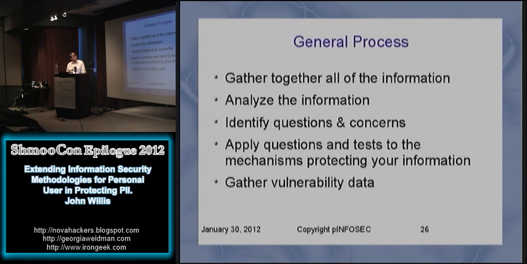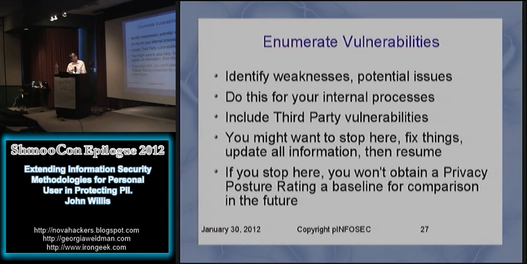So the basic process is: gather all the information, analyze it, identify questions and concerns you have, apply questions and tests to the things, mechanisms, and organizations protecting your information, and gather the vulnerability data. So really detail those vulnerabilities. You identify the weaknesses and potential issues.